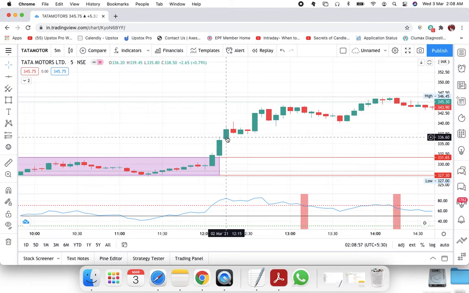So let's try to understand how we can travel with this trade, how long we can keep our position. We entered here, then as we discussed, the thumb rule is we should hold our position until the previous candle's low has been broken.